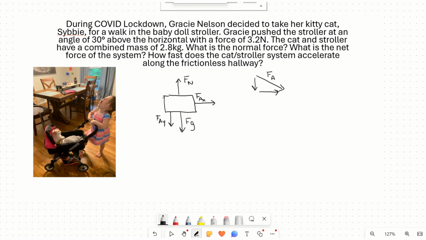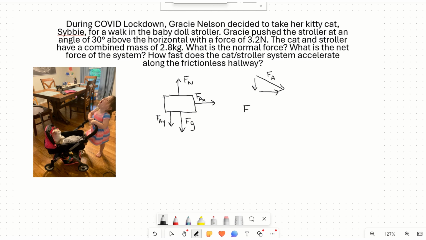All right, have you had a second to write the equation for the normal force? So the cat stroller system is accelerating down the frictionless hallway. It's not going up or down. So because it's not accelerating up and not accelerating down, the net force in the y direction must be 0.